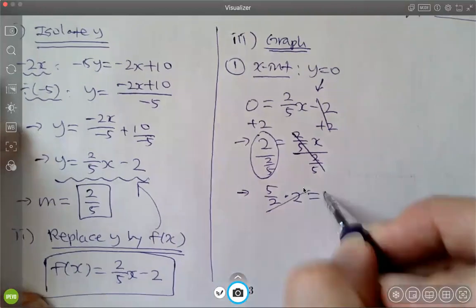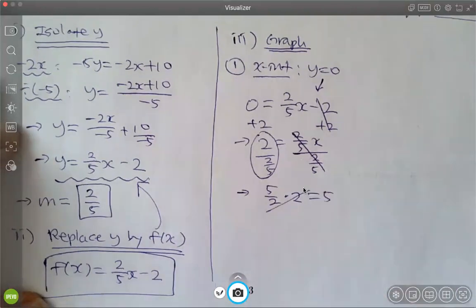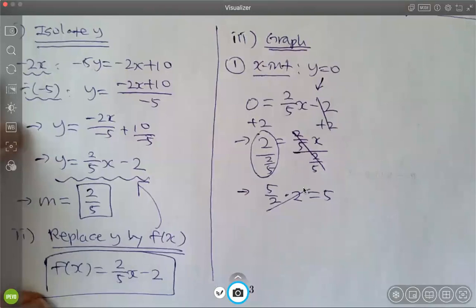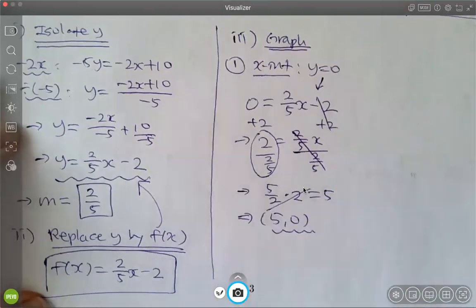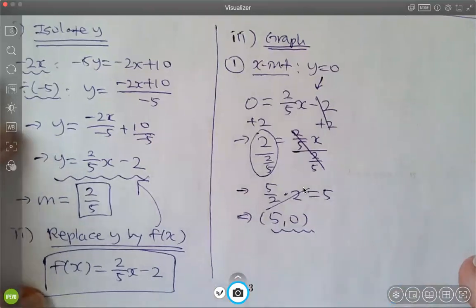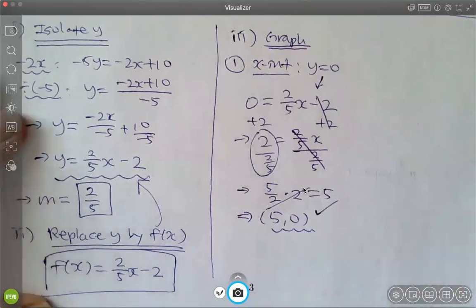It's equal to 5, right? Okay, so what is the x-intercept? 5, 0, right? And can we use this point? Yeah, right? And what's the reason? There's no fraction, right? Okay, so we can use it.